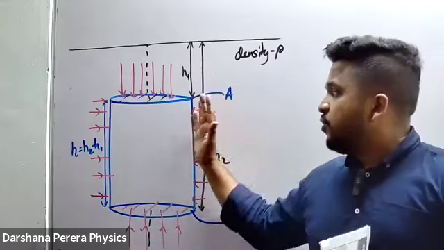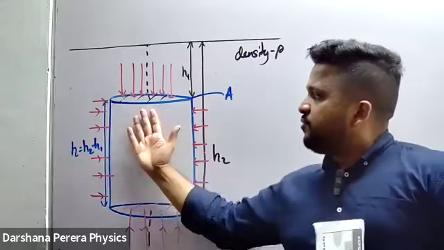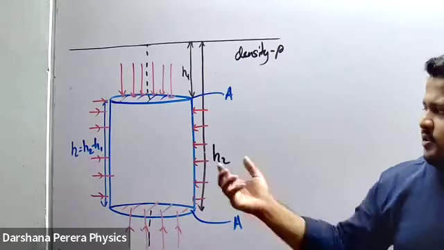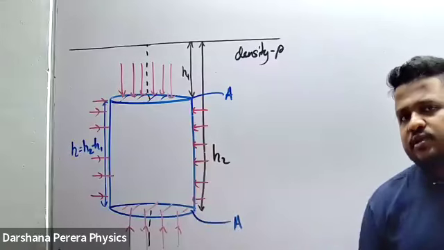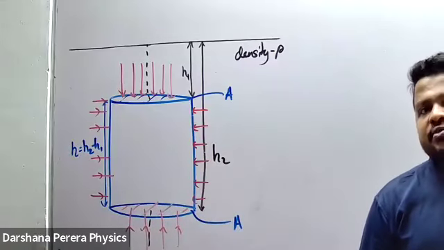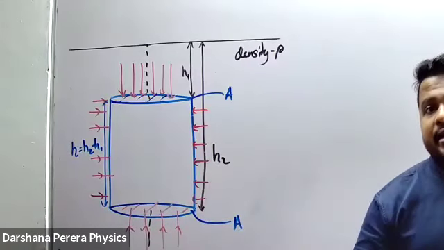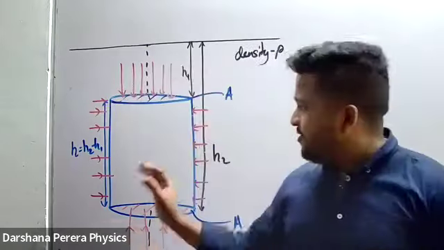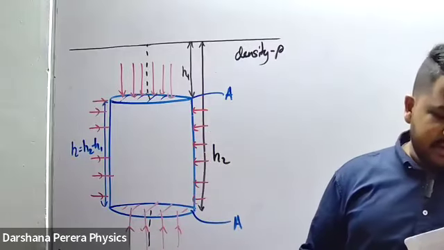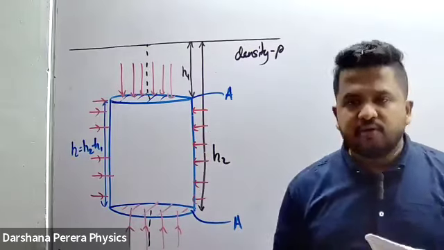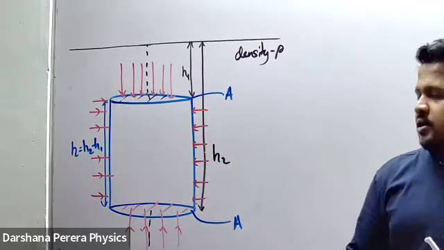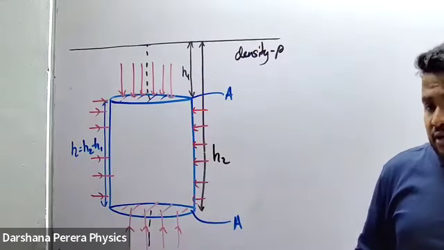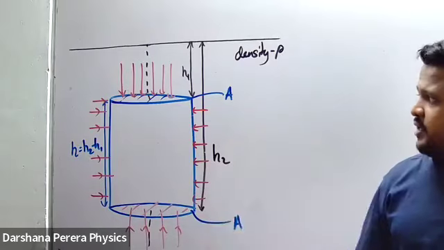Why? This force equals this force, and this force equals this force. Therefore, along the curved path the total force gets cancelled out, so there is no resultant force along the curved path. Okay, write down this one. Draw this one clearly.